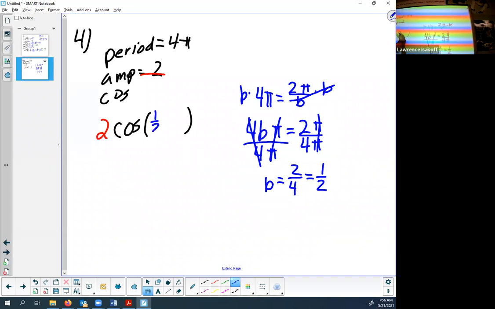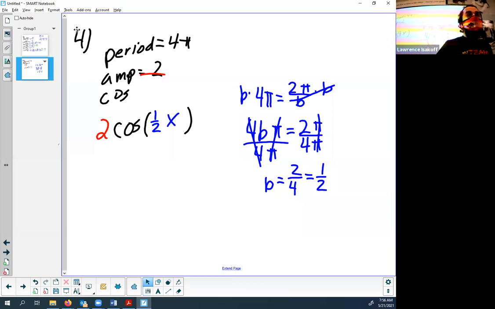So that will be 1/2 x. So I had 2 cosine of 1/2 x. And that's my equation. That's it. Yep. I'll make sure I'm out of the way.